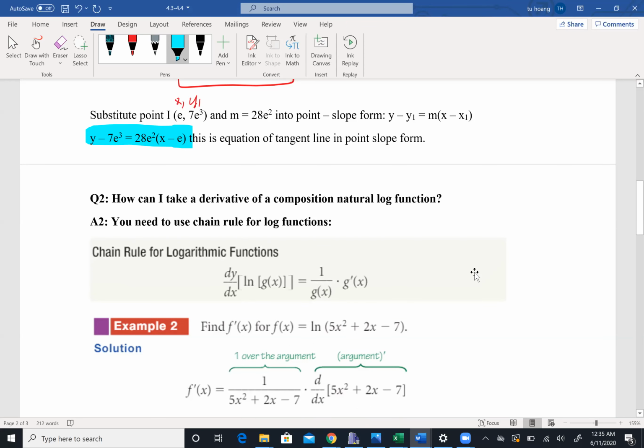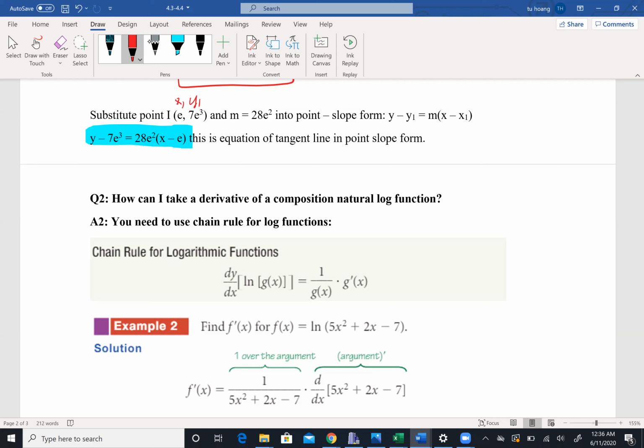The chain rule is when you take the derivative of a composition with the natural log function here, you will get 1 over g of x and then multiply with the derivative of g of x. You are having the derivative of the outside multiplied with the derivative of the inside.